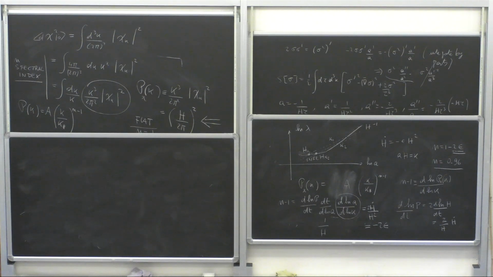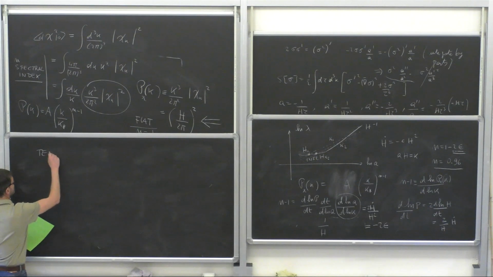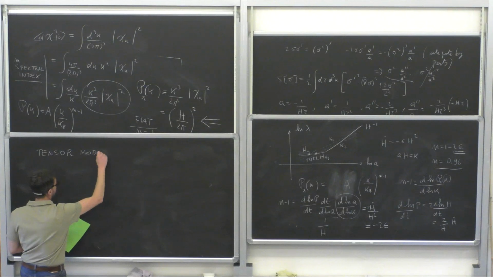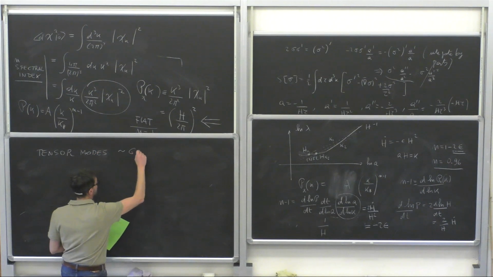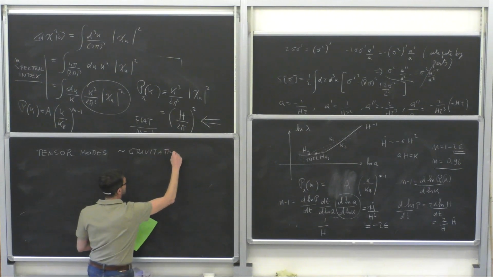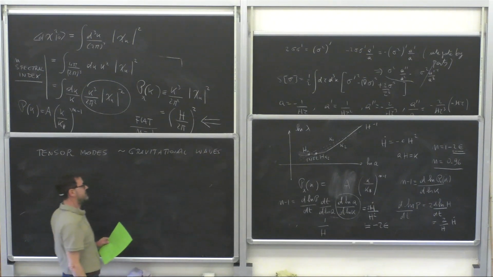So again, suppose that I want to compute the fluctuation of the tensor modes. You can think of them as gravitational waves, even though when they are produced they are not really gravitational waves, only at infinity.